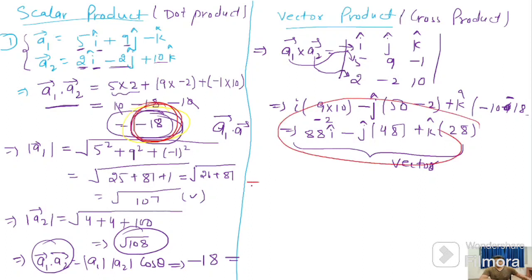From the vector product it is not feasible to find the angle between the two vectors, because the end result is a vector quantity, whereas the end result of the scalar product is a scalar. So it is easy and convenient to find the angle between two vectors from the scalar product, not by using the vector product.